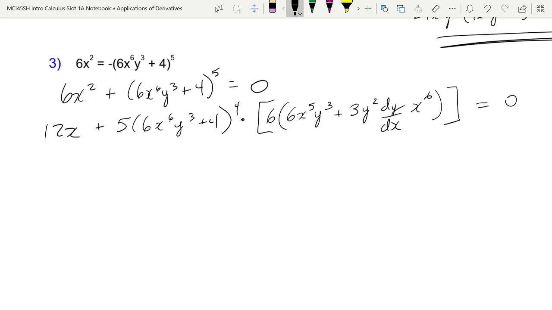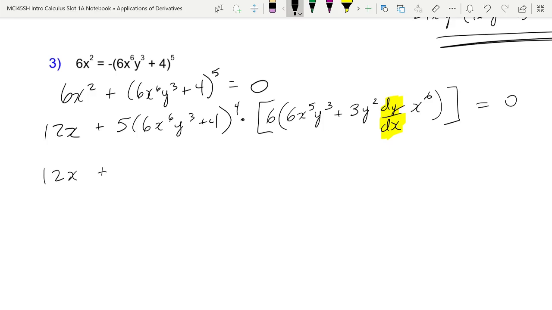So now my goal is to isolate this equation for this variable, right? That's what I have to get to at some point. So let's see what we can do. I think factoring is going to be our friend here. So let's see, what can I factor? 12x I'm just going to leave as 12x for now.